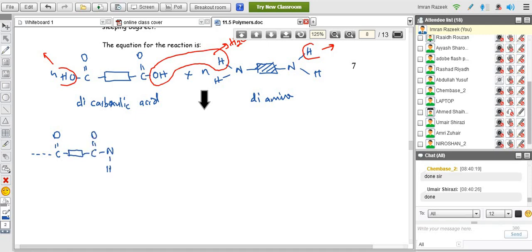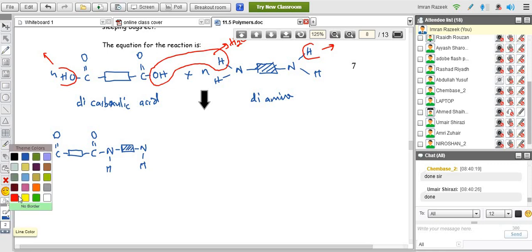See, the amide linkage is formed now. This is the amide linkage. When this OH is gone with this H, this carbon bonds with this nitrogen. I'm going to highlight the amide linkage here, and whenever the amide linkage is formed, a water molecule is lost.